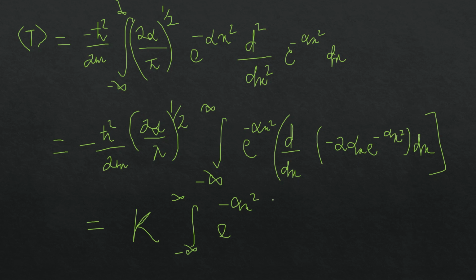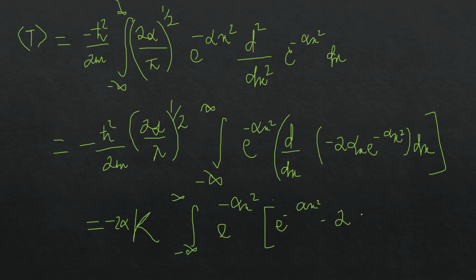Okay, take the derivative again. This minus 2 alpha will go out. Minus 2 alpha and d by dx of x e to the power minus alpha x square. From here, try to do it yourself, don't just copy paste it.